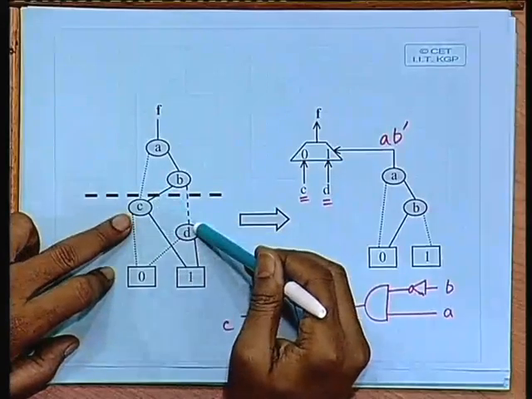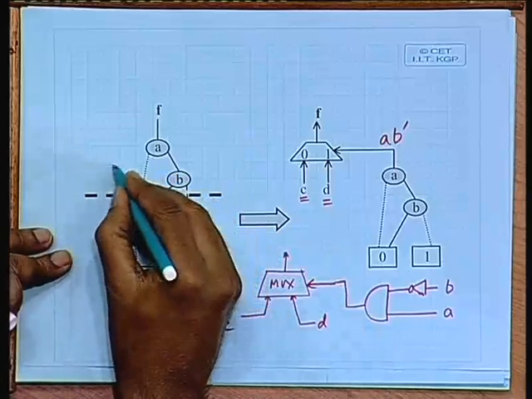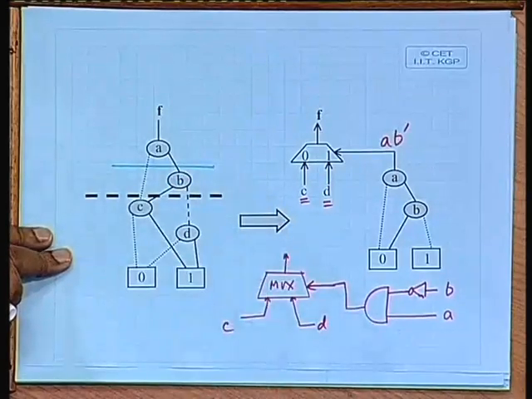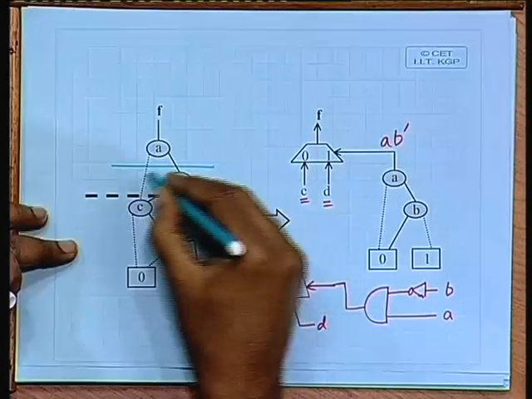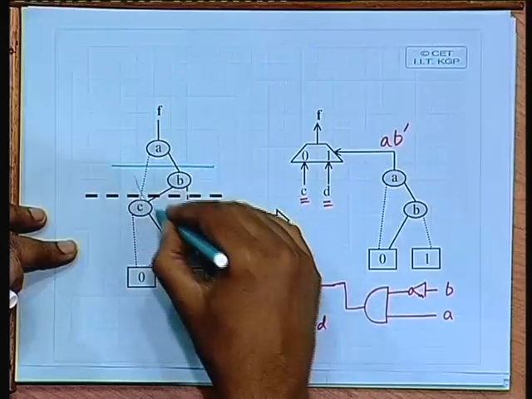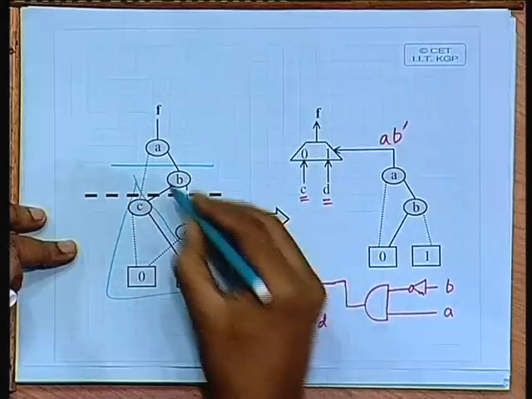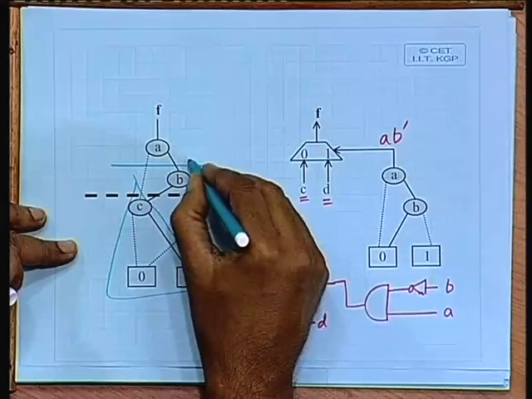Yeah, you can cut this at any level, provided you can identify which is left, which is right. Say you can cut at the level of A also, then you know that this part is your left, and this whole part is your right.